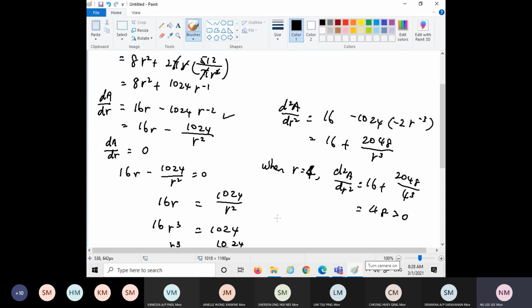Therefore, A is minimum because it's positive, when R is 4. Have I answered the questions? Let me see. Find the radius. The radius is 4, when the total is minimum. Yes, I have answered the questions.